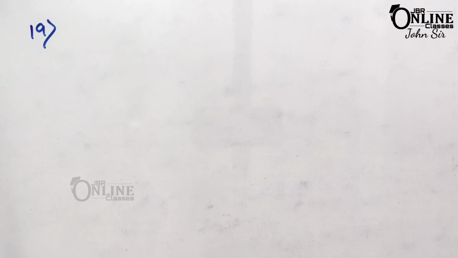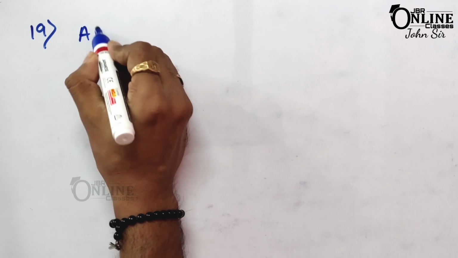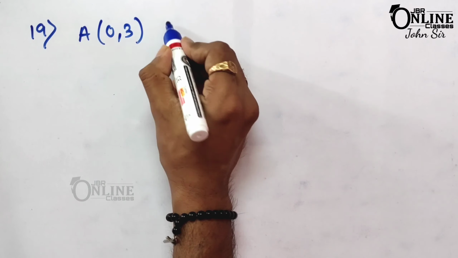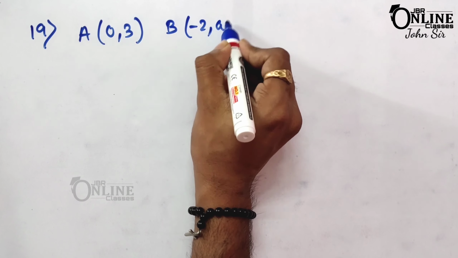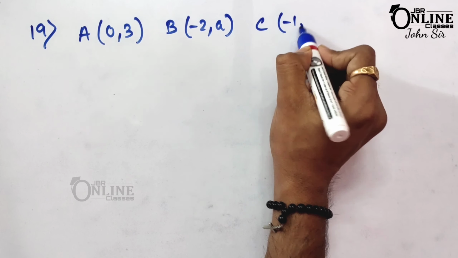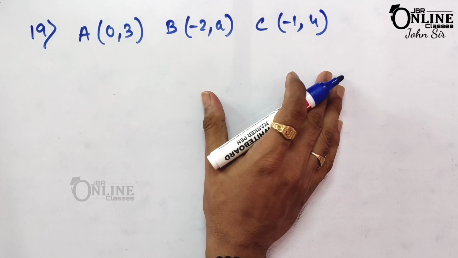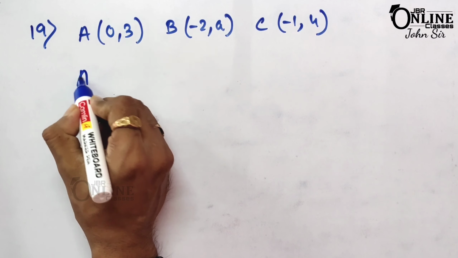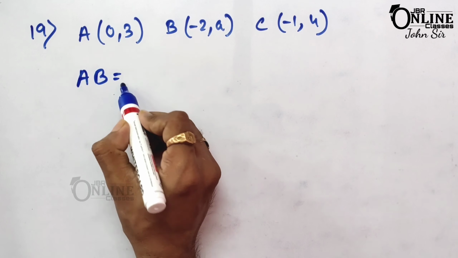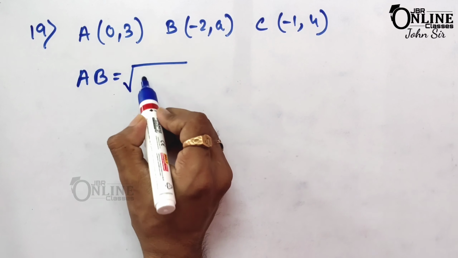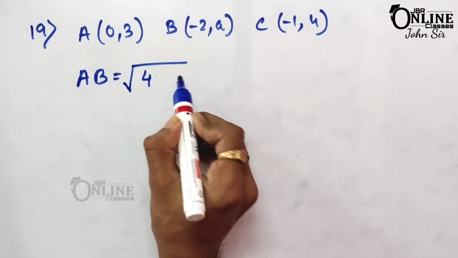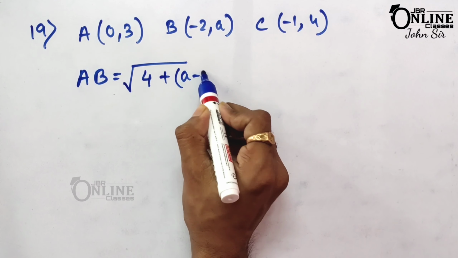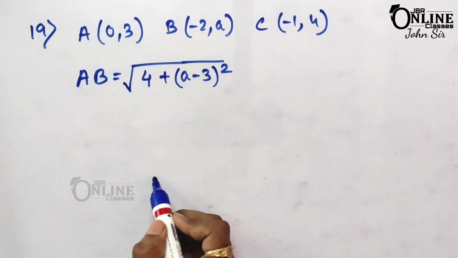Now sum number 19. The points here are A(0, 3), B(-2, A) and C(-1, 4). So these 3 points are the vertices of a right angle triangle. Find the value of A. First you have to find AB, that equals minus 2 minus 0, that means minus 2 whole square, so 4, and it would be here A minus 3 whole square.